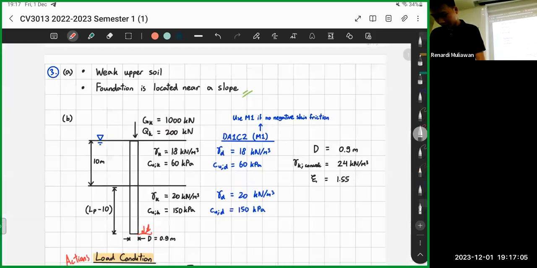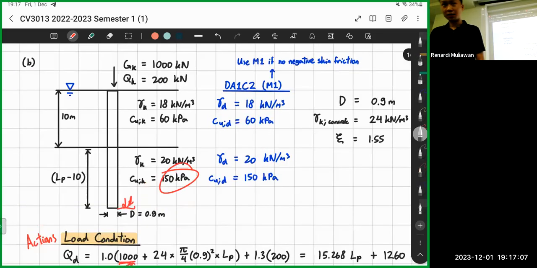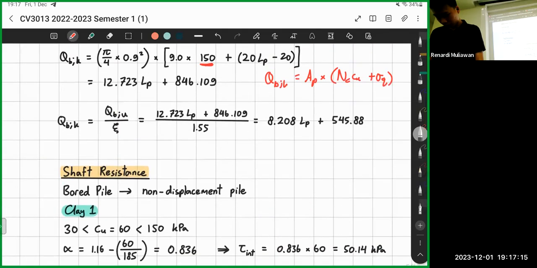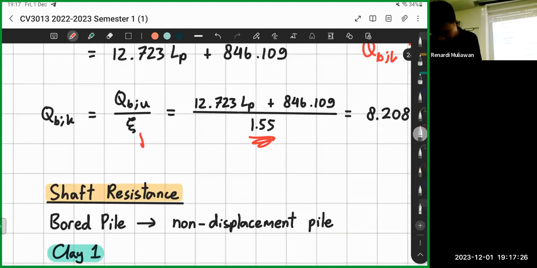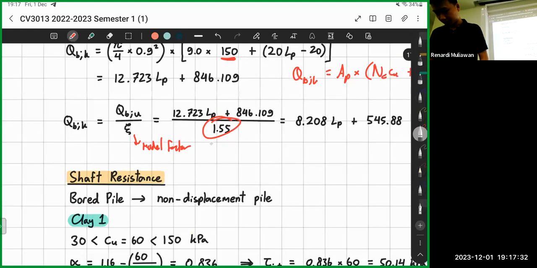So we are using 150. And then you need to divide by this factor. This one I forgot what it's called, but you need to divide by it. Oh, model factor, correct. This one is the model factor, so 1.55.